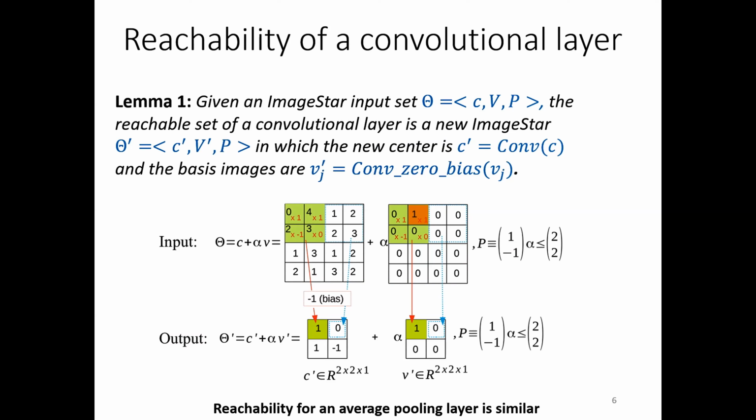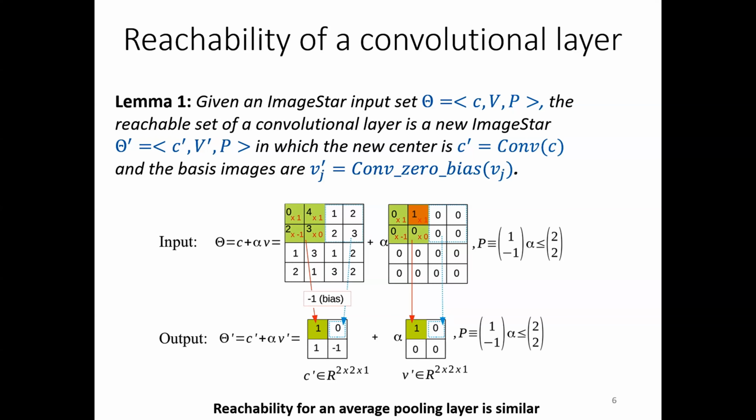The output set, theta prime, is another image star, in which the new center C prime and the basis images Vj prime can be efficiently constructed by applying the convolution operation on the center and the basis images of the input set theta. In this reachability analysis, the predicates of the output set theta prime and the input set theta are the same.